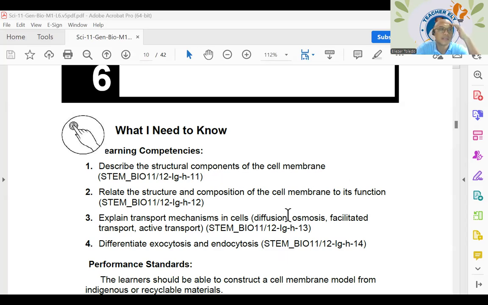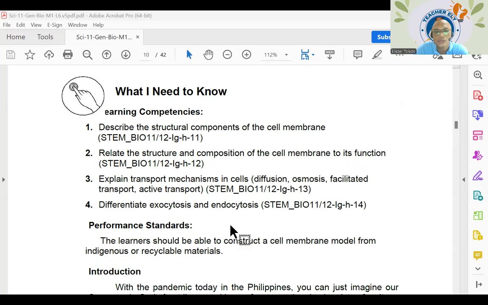This might spend a lot, and I will go in advance because we're gonna be using egg on this one. Egg, vinegar, and lots of salt. Okay. Facilitated transport and active transport. Of course, we're going to be doing exocytosis and endocytosis.